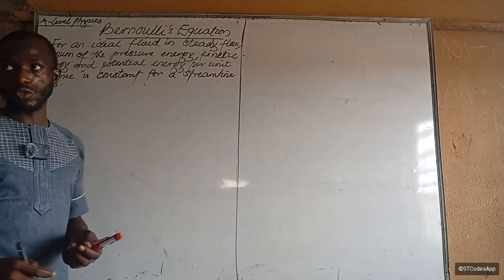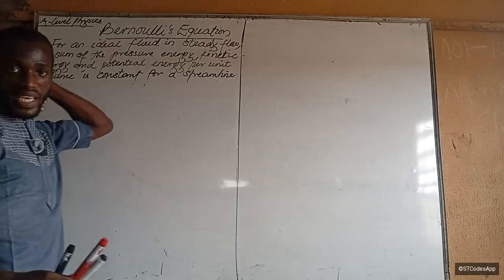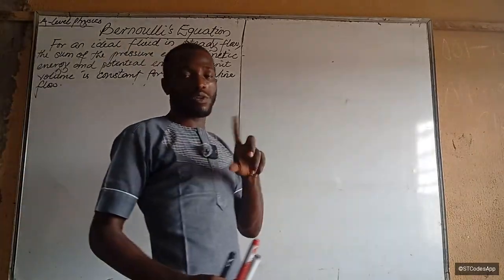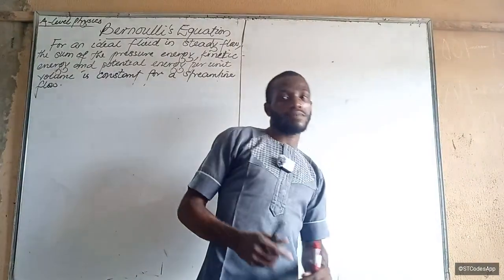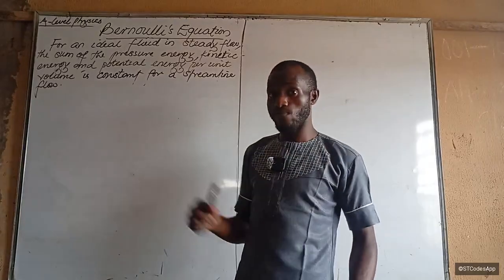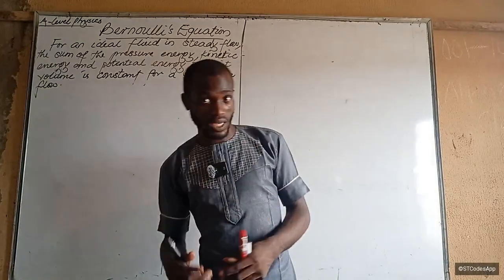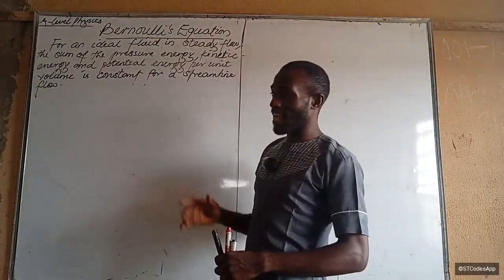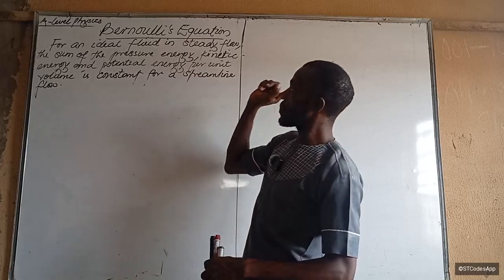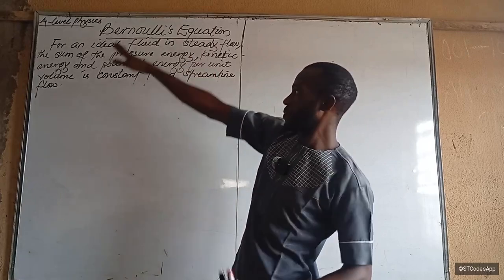So there are some conditions to take note of here. First, the fluid has to have a streamline flow and not a turbulent flow. So meaning that this law does not apply for a fluid in turbulent flow. Then of course another thing is that we are talking about an ideal fluid.